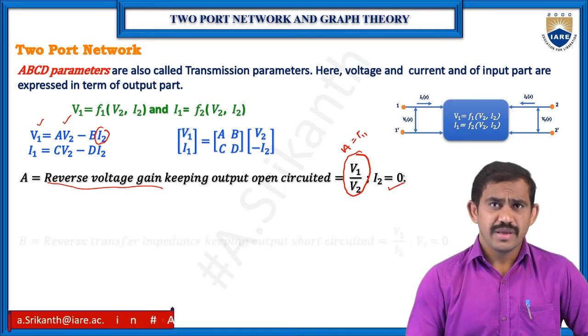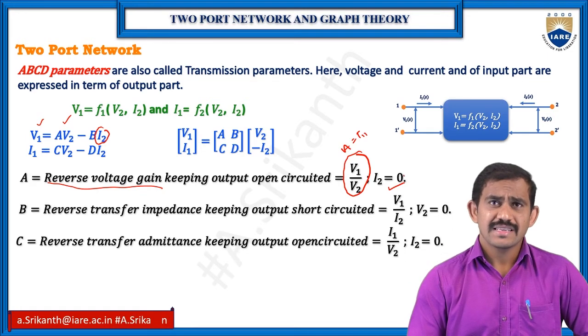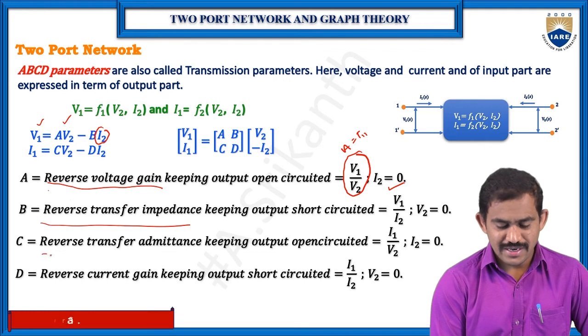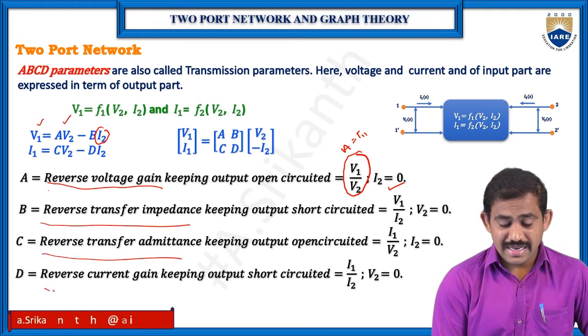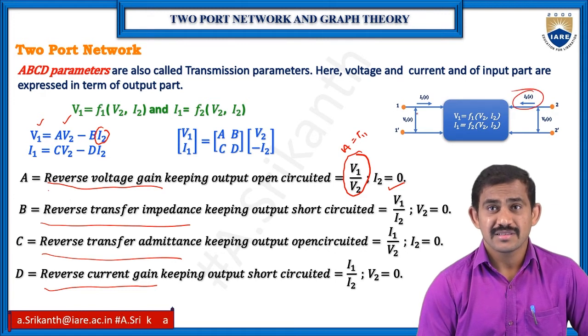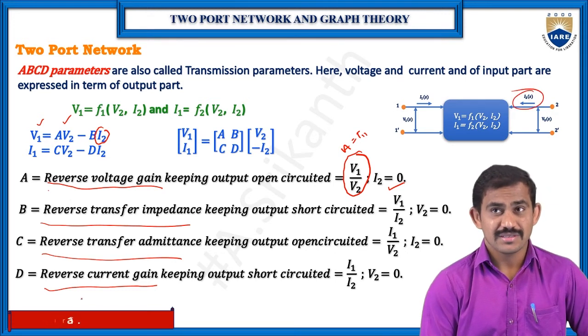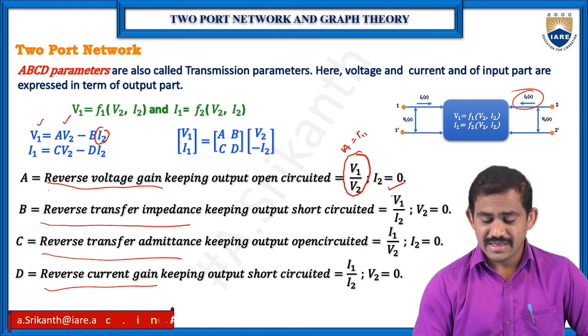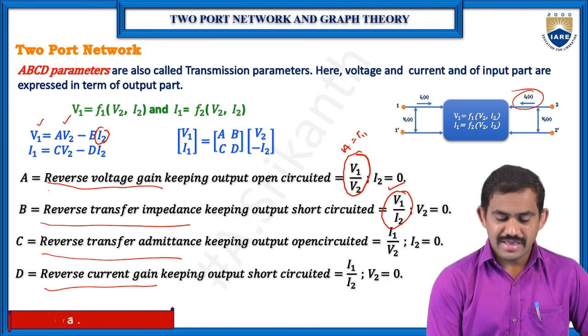Same thing for the B value, C value and D value: reverse transfer impedance, reverse transfer admittance and reverse current gain. Why reverse? Because the current direction is reversed. So I said everything is reverse. Here V1 by V2, and here V1 by I1. Again we have the minus value.